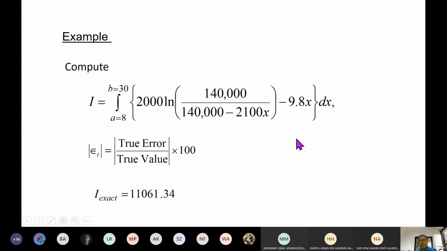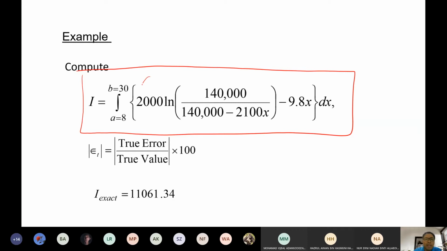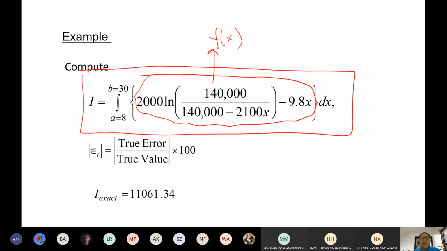To make yourself understand, especially in MATLAB coding or Octave coding, I'll give you one example of integration where I use a very complicated equation for the integrand. This is your fx. Your fx is 2000 ln of 140,000 divided by 140,000 minus 2100x, close the bracket, minus 9.81x, where the lower limit is 8 and the upper limit is 30.